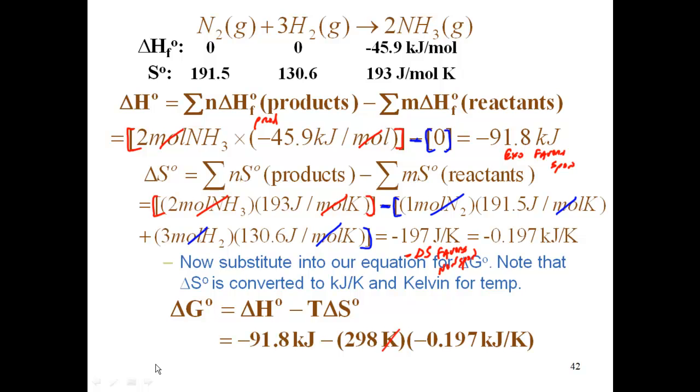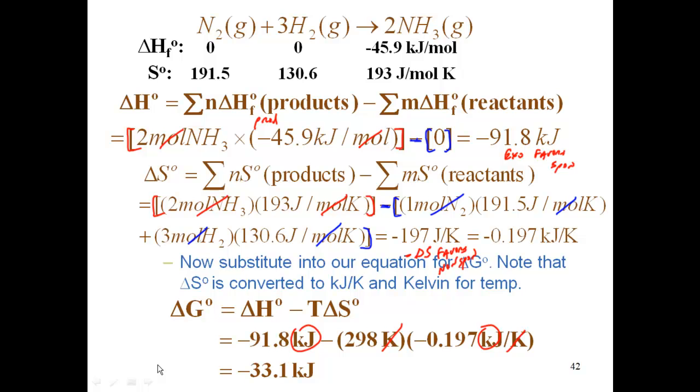Kelvins cancel. Now I have kilojoules minus kilojoules, which I can do. So I get a negative 91.8 minus a minus, which means a plus, 298 times 0.197. I get my value, which is a negative 33.1 kilojoules, which is what we predicted.